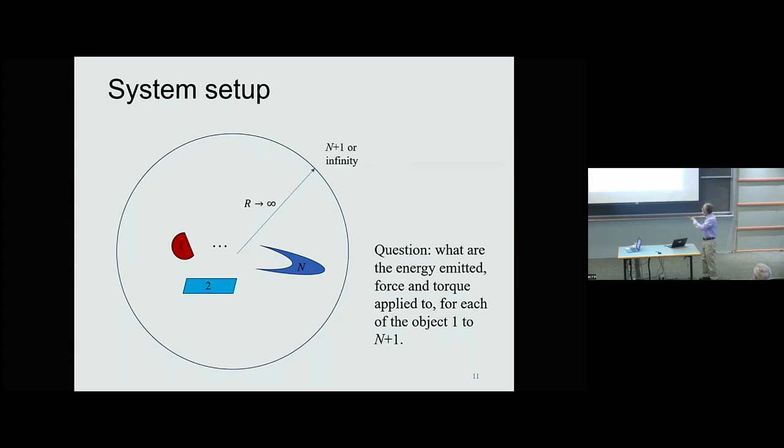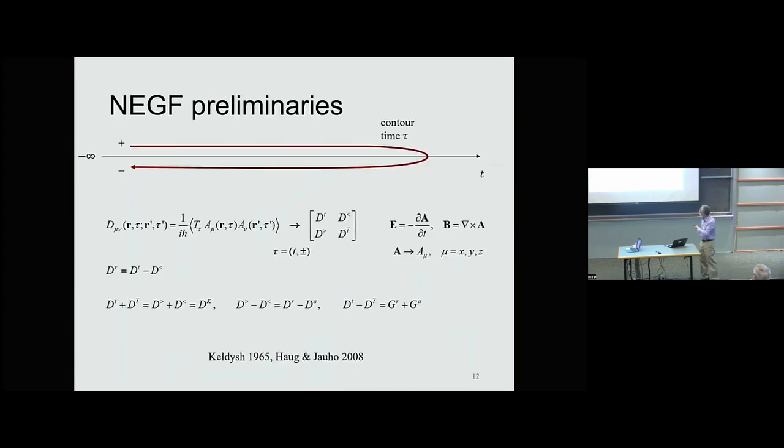Then you have to have one more that I call infinity, because in this case the heat can transmit, so I will identify the outside as one more piece of the object. So I actually have N plus one objects. We want to ask what is the energy transmitted among them, and what is the force applied and torque applied, which are these three conserved quantities that we can ask.